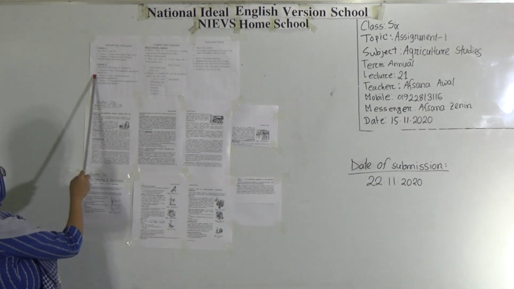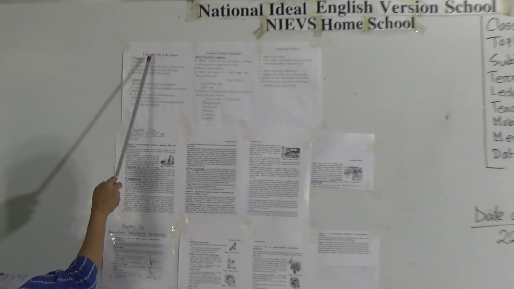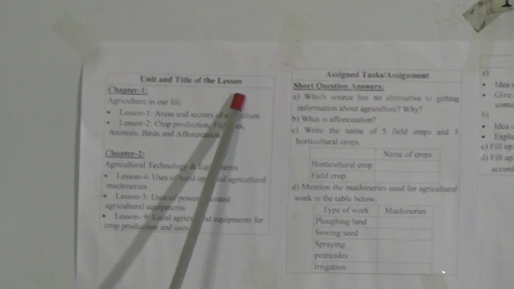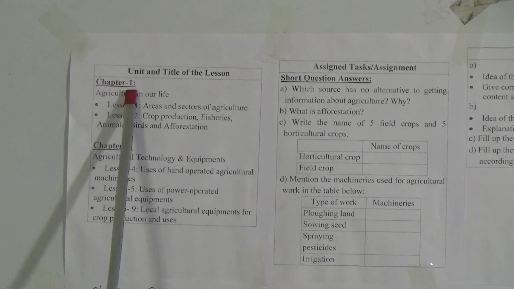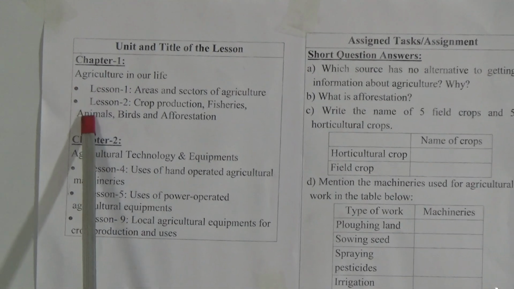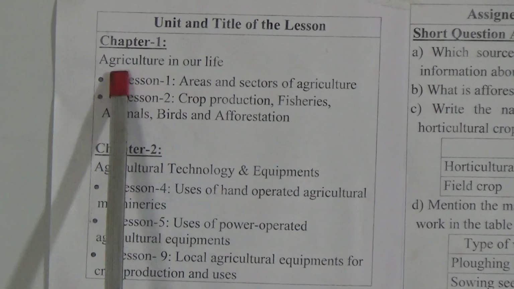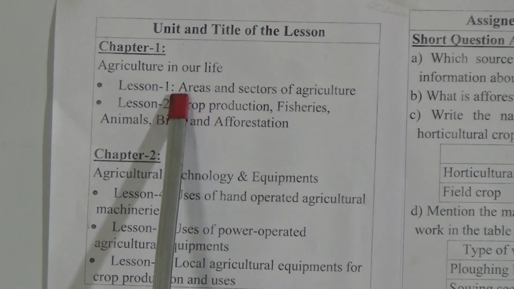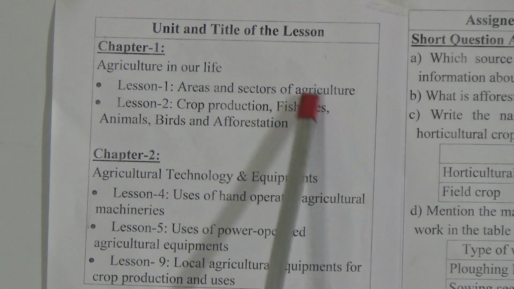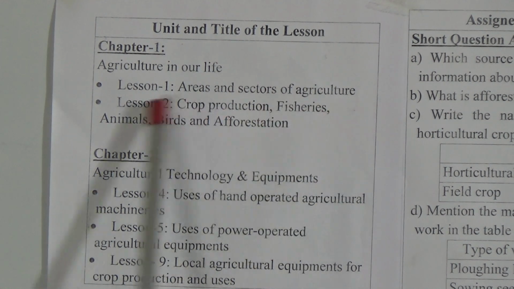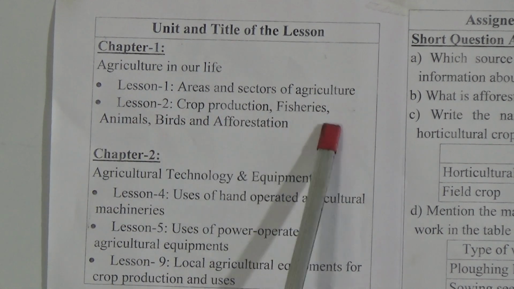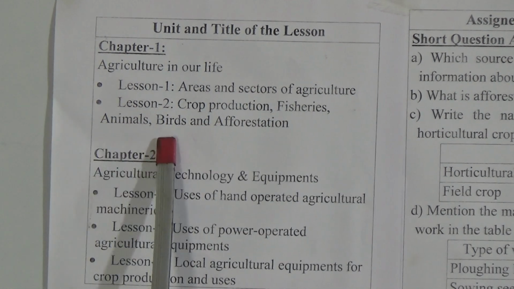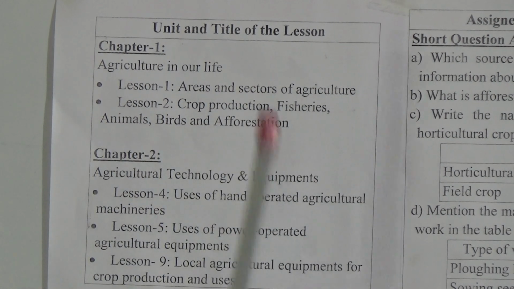Just look here, students. At first, this is the unit and the title of the lesson. From chapter 1, there are two lessons: Agriculture in our life. The first lesson is areas and sectors of agriculture. Lesson 2, crop production, fisheries, animals, birds and afforestation.